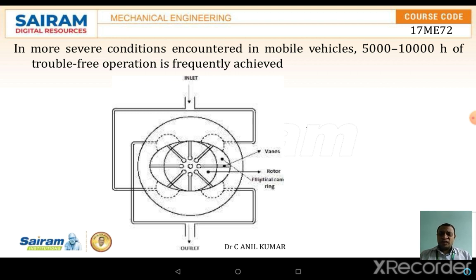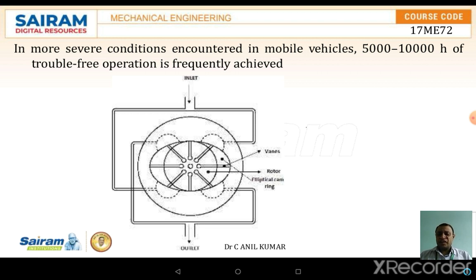In two strokes, or in one rotation, the supply of the fluid takes place twice. As we know, on the sides, diagonally opposite on the elliptical shape, there are circular grooves. In these circular grooves, the oil is filled. The oil which has been filled from the inlet is carried by the vanes. These vanes will transfer the oil from one chamber to another chamber which is placed diagonally opposite.